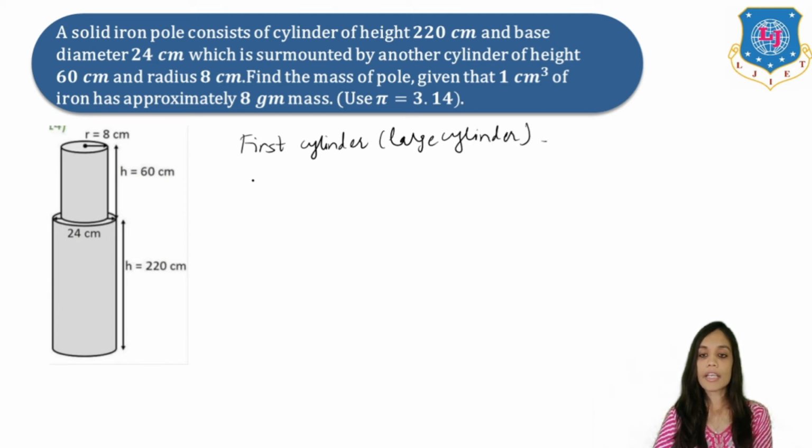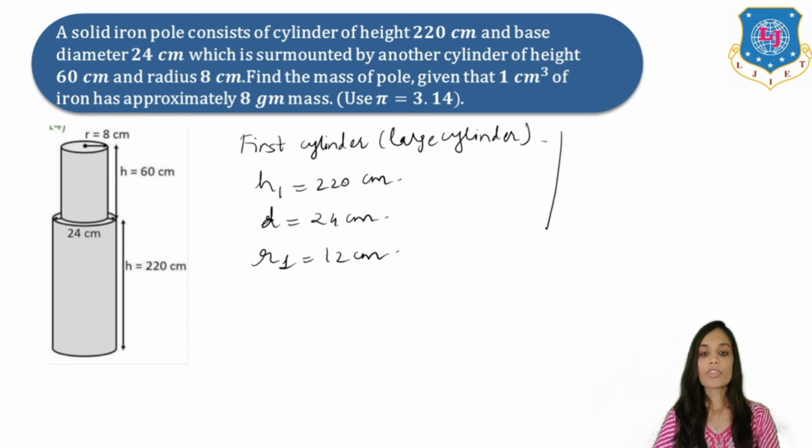This has a height of 220 centimeter. I will name it H1, and the diameter is given as 24 centimeter. So our radius R1 will be 12 centimeter. Now there is another cylinder, which is a small cylinder.